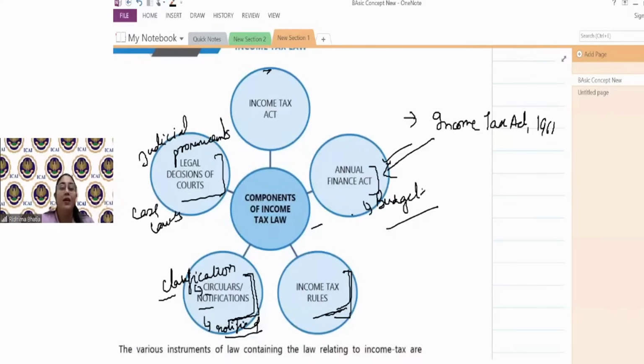Okay, so to understand the entire income tax, it is not just one thing which you have to refer. You have to refer at least 5, 6 different things which are coming time and again. The Act, the Finance Act, the rules, the circulars, the notifications, the case laws, everything. To prepare yourself, to update yourself, to solidify yourself.